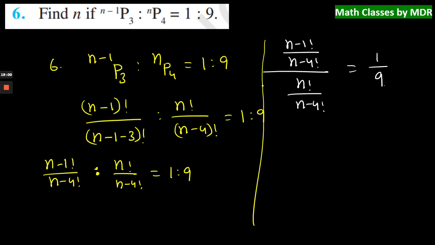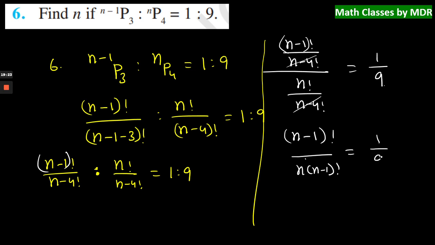So now this gets cancelled, and we have (n minus 1) factorial, right? You can keep these brackets here to avoid any confusion, by n factorial. n factorial can be written as n into (n minus 1) factorial. We have seen that, which is equal to 1 by 9.